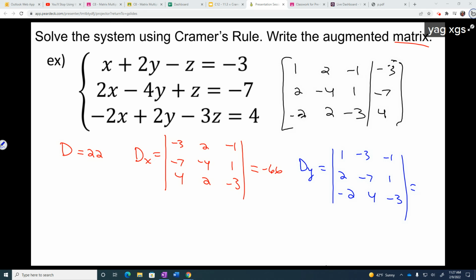And you can solve some pretty complex equations with it, so it is a good tool. Let's do 11 for D sub y. One more, D sub z. Swap the z's.